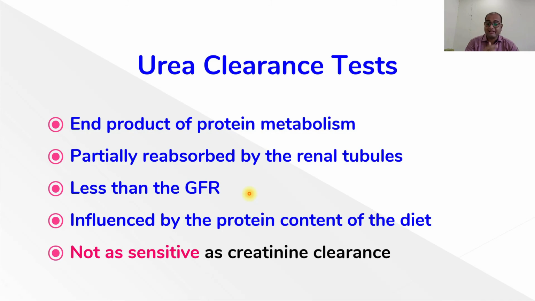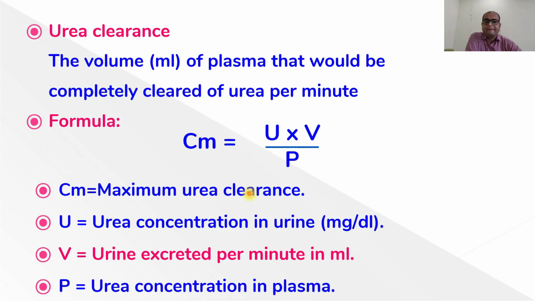So compared to creatinine, it is not that sensitive. It is the volume of plasma that would be completely cleared of urea per minute. That is Cm, maximum urea clearance, which is U into V upon P.